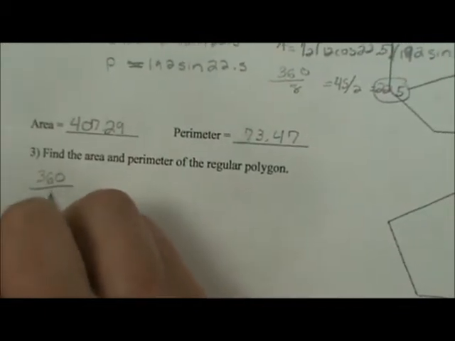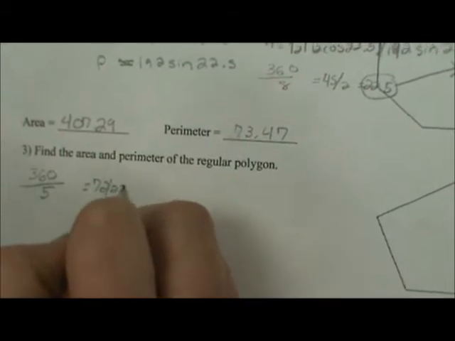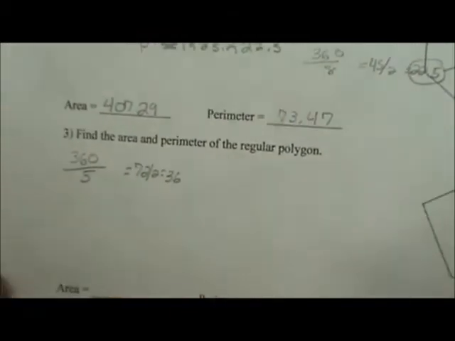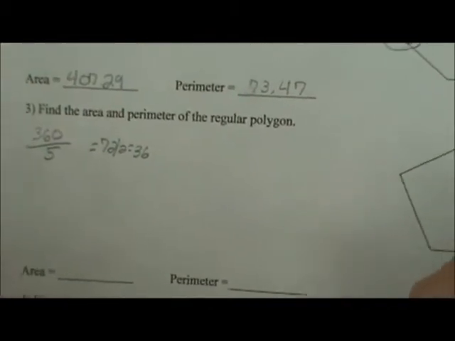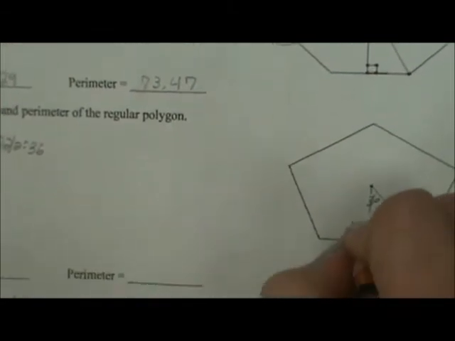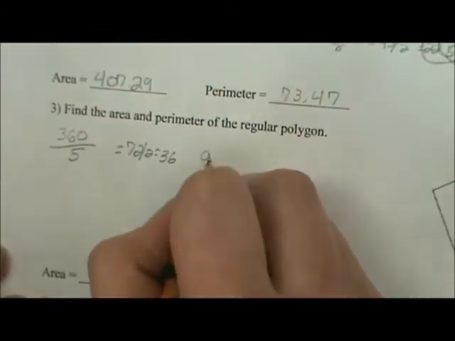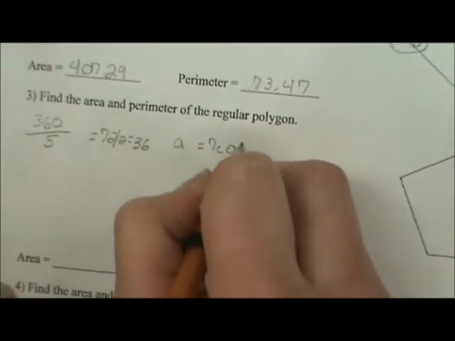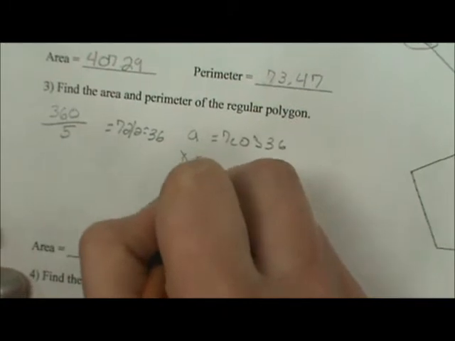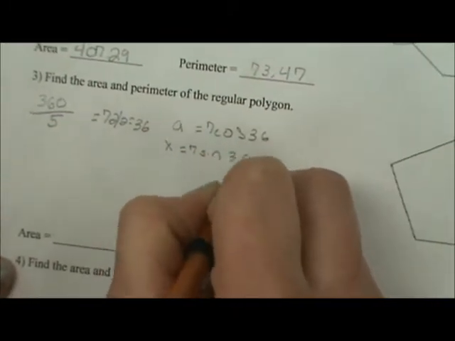For number 3, we have 360 divided by 5 because that's how many sides there are. And that equals 72, and then you divide by 2 and you get 36. So A equals 7 cosine 36, x equals 7 sine 36.